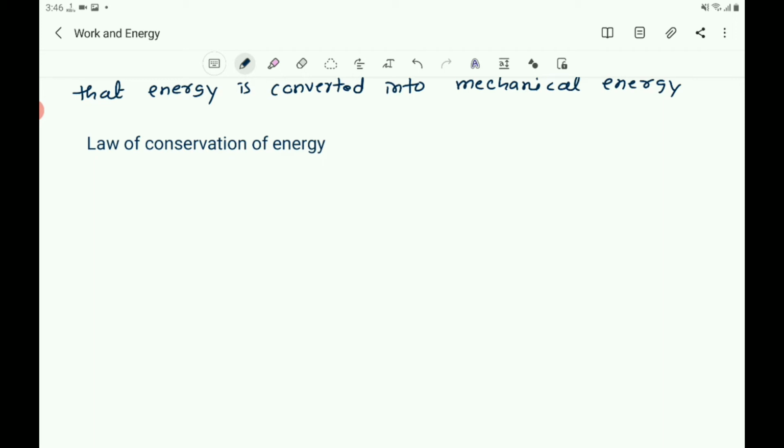That is the law of conservation of energy. Energy can neither be created nor be destroyed. So it can only be converted. It can only be transformed. During the conversion, the total amount of energy before the conversion and after the conversion remains the same.